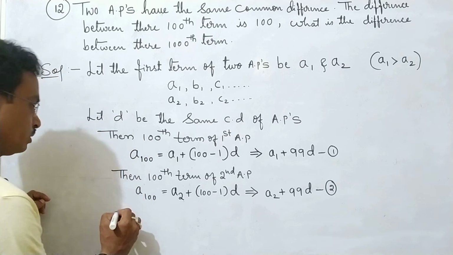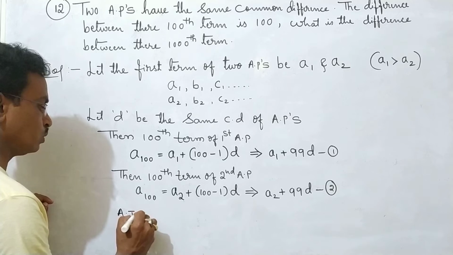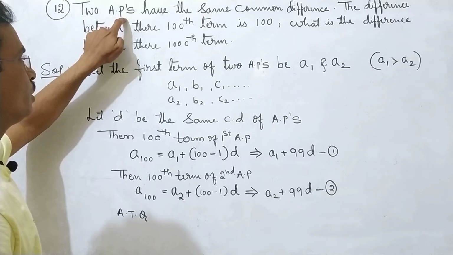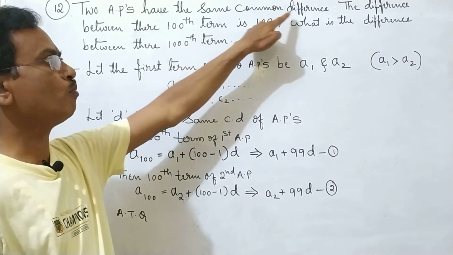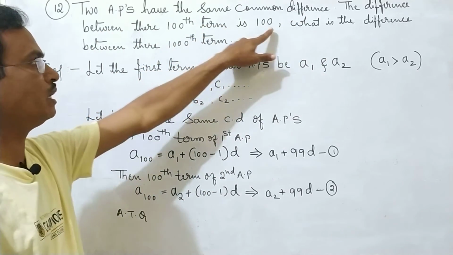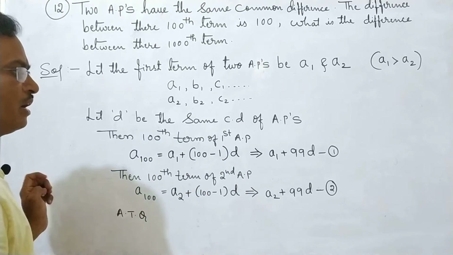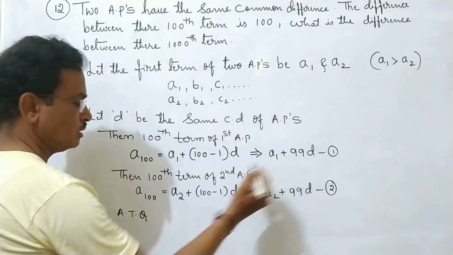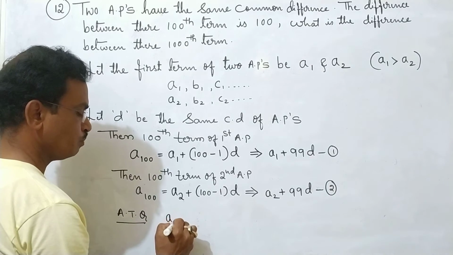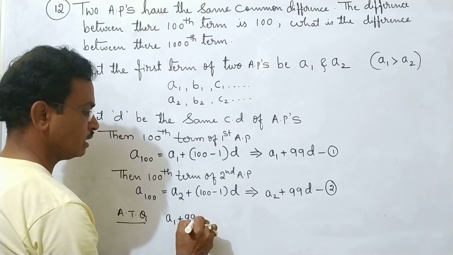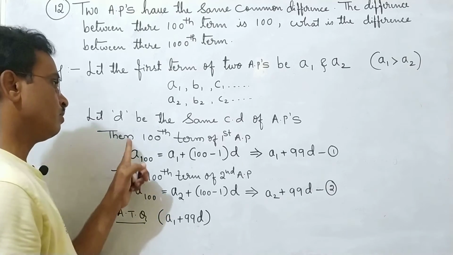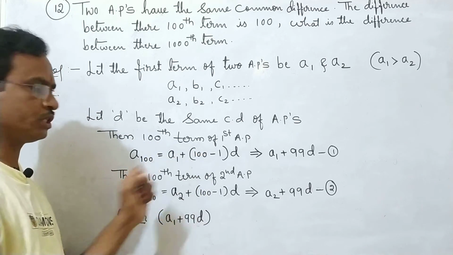Now according to the question, the difference between their 100th terms is 100. That means the first one, A1 plus 99D, is the 100th term of the first arithmetic progression.